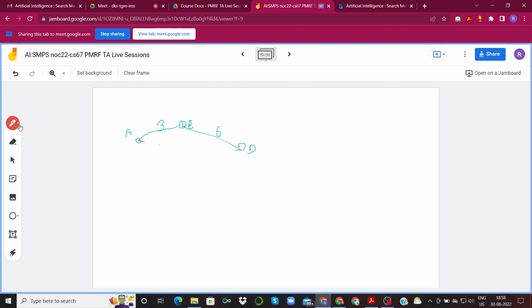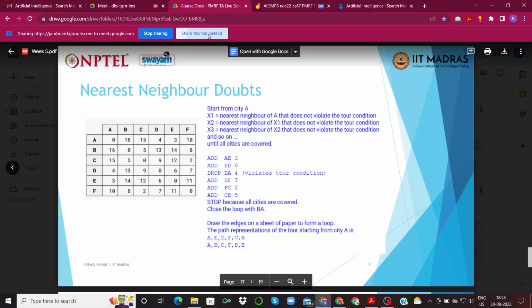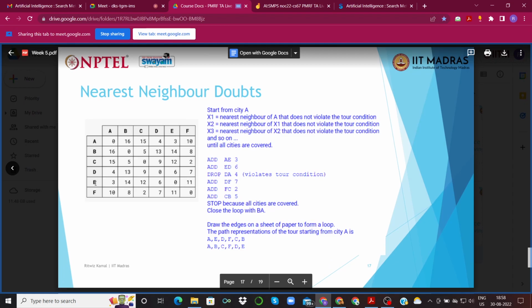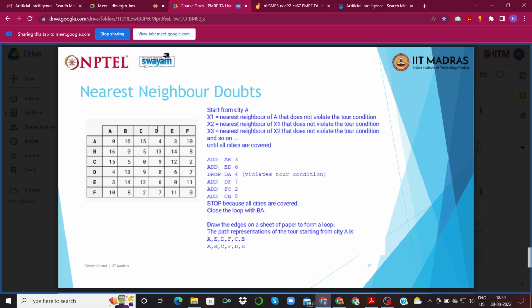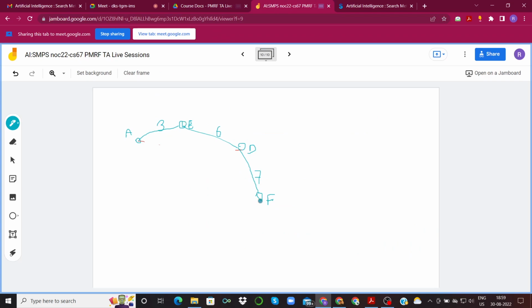We will add DF with cost 7. Next we look at where we can go from F. From F we can use C, cost 2, pretty convenient. So F to C, cost 2.